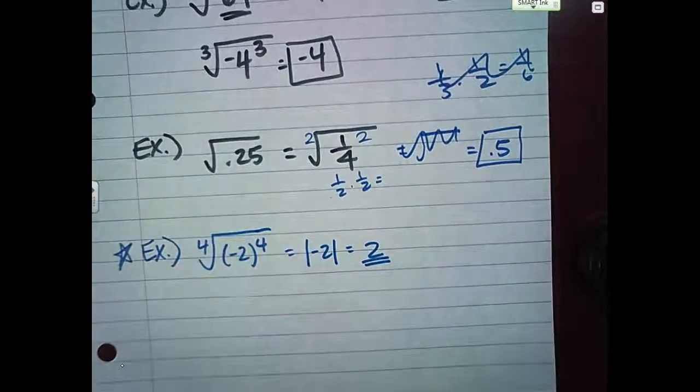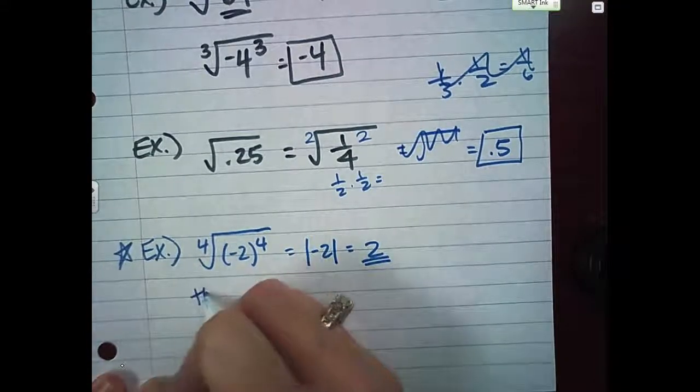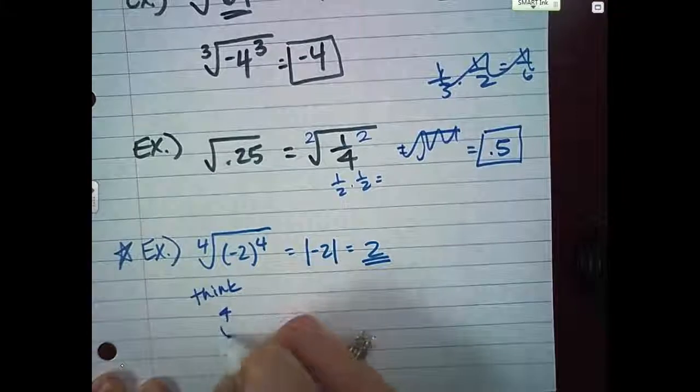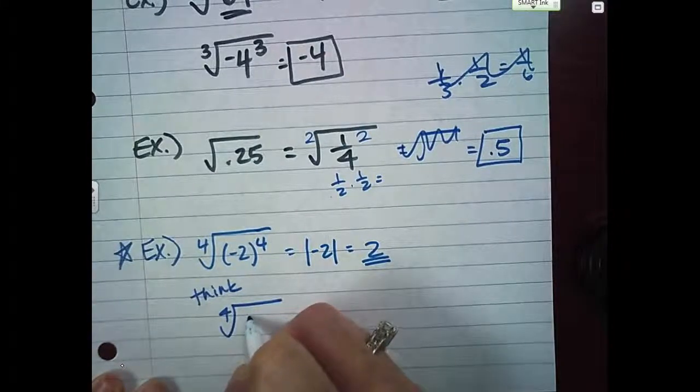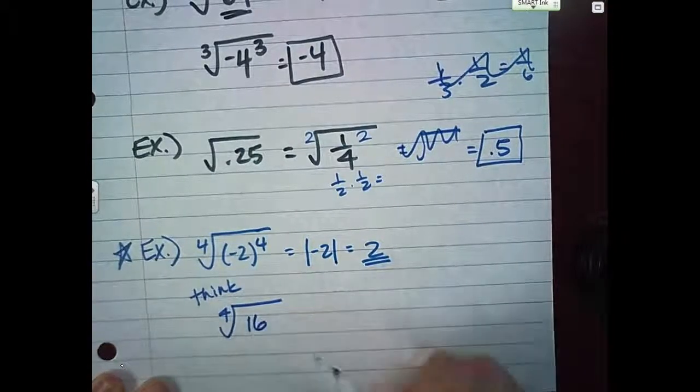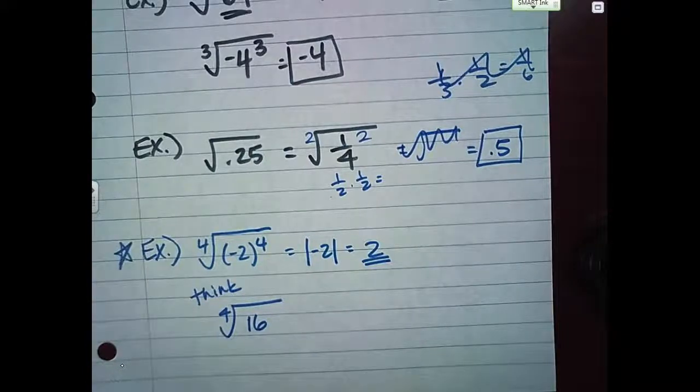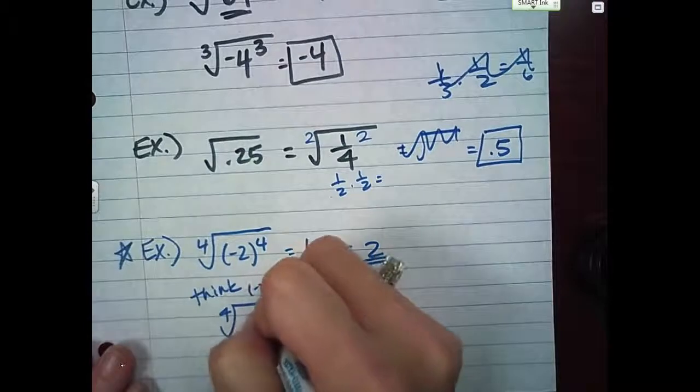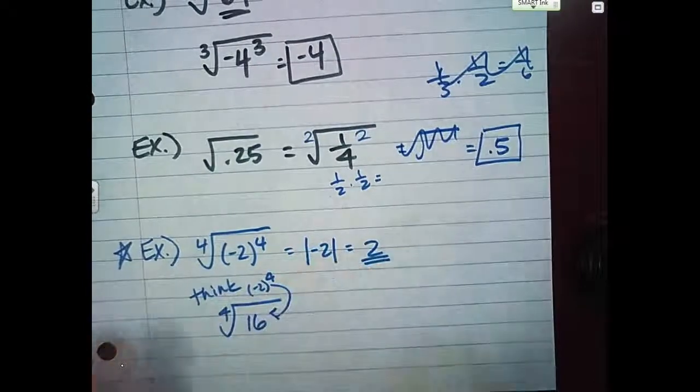You have to write 2 as the answer. If you're not sure, you can write yourself a little note. Think about the fact that this would be 16, and the fourth root of 16 is 2, because negative 2 to the fourth power is a positive 16.